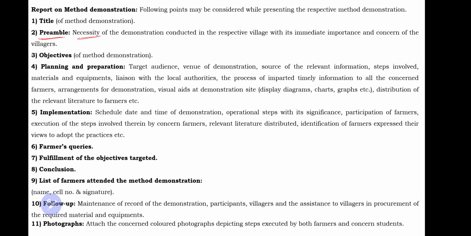Suppose you are conducting a demonstration to install IPM practices for any crop, you have to capture some images of what the farmer is actually doing there and what the necessity is. You can capture images like a farmer only spraying some harmful insecticide, which is not the solution. There are many ways we can reduce the cost of cultivation.